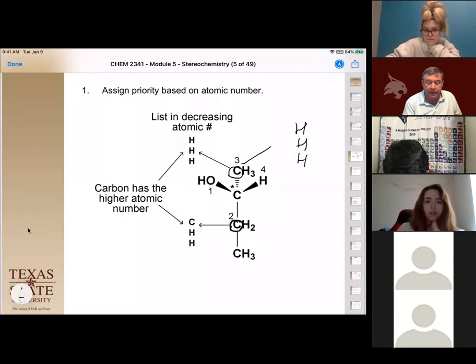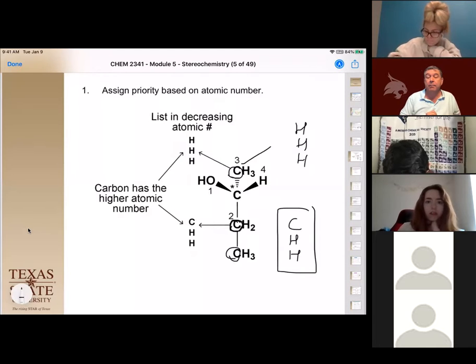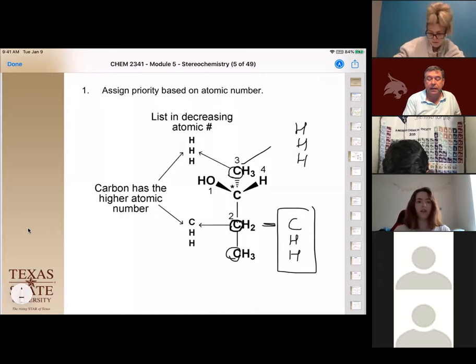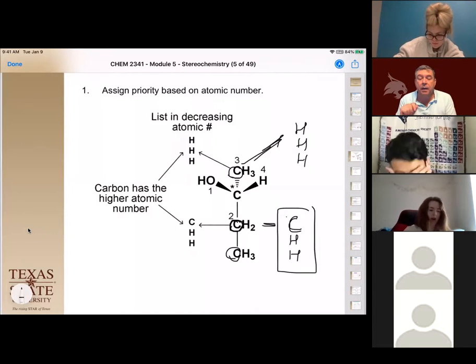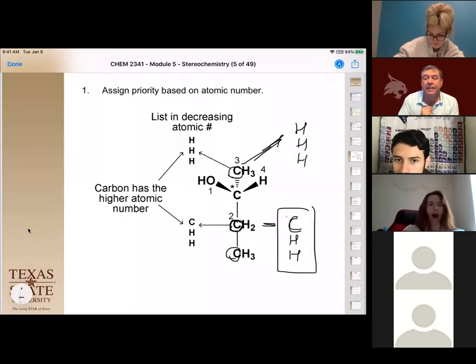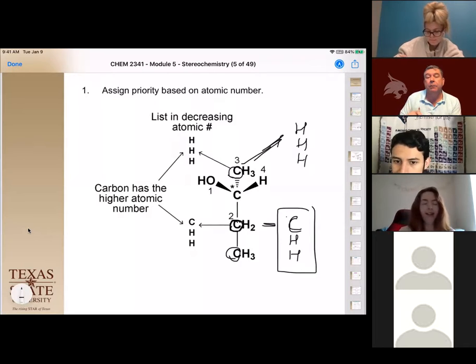So in this case, we have a carbon attached to it, which is number 6, versus number 1. And so between these two, because we have a higher atomic number atom attached to this carbon than attached to this carbon, it becomes the higher priority item, okay?